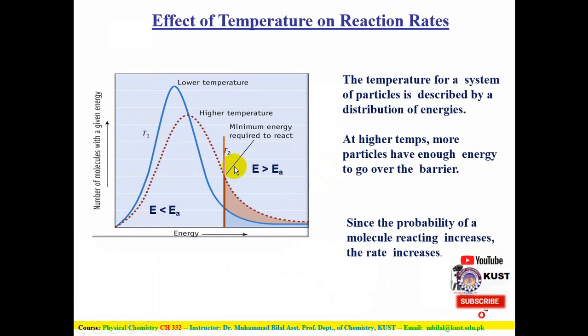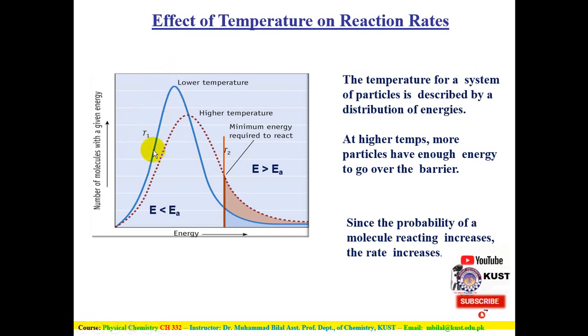This is the lower temperature and this is the higher temperature energy distribution profile of molecules. At lower temperature, the fraction of molecules at the lowest energy is small, and most of the molecules have that type of energy at that temperature. This maximum of the distribution, this peak, represents the energy that most molecules have at that temperature.